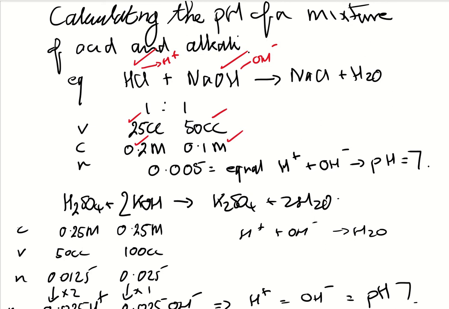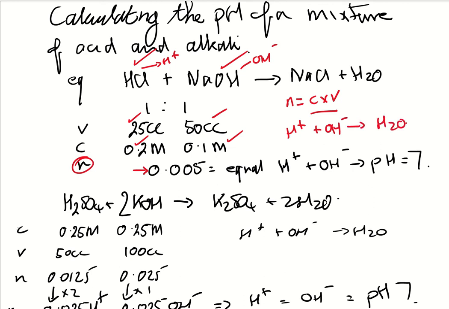What we would do there is take number of moles equals concentration times volume and do that for both. So in terms of the number of moles, n, of both of them, it's exactly the same. Now what we remember is that a neutralization reaction is H+ ions plus OH- ions to give me water.